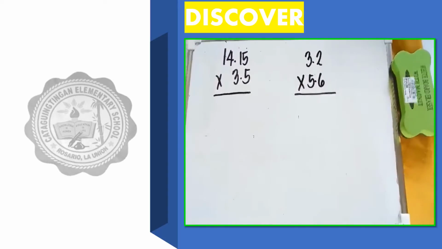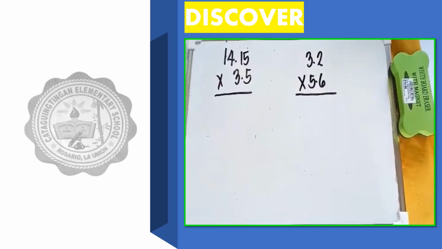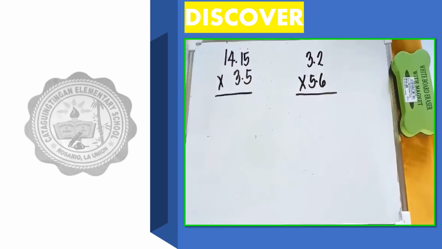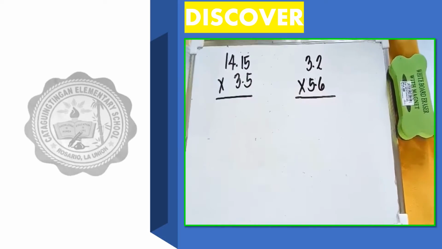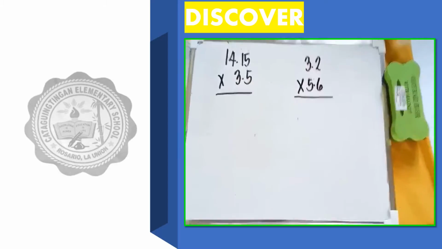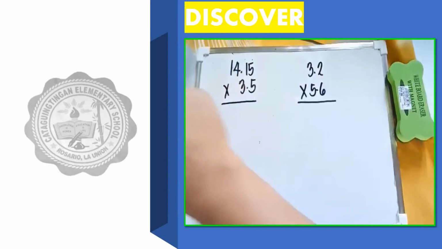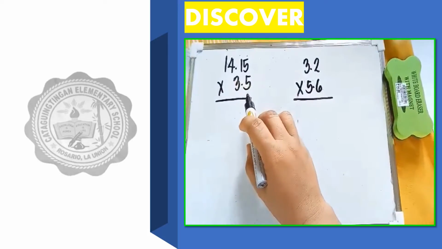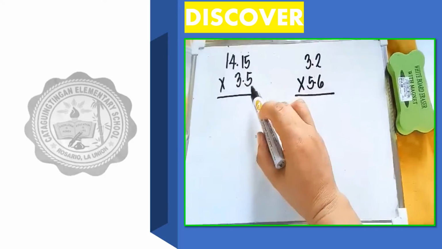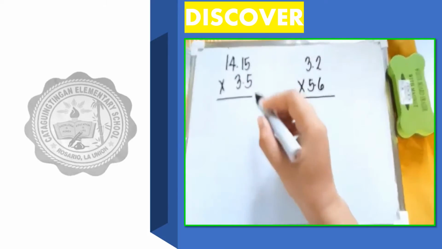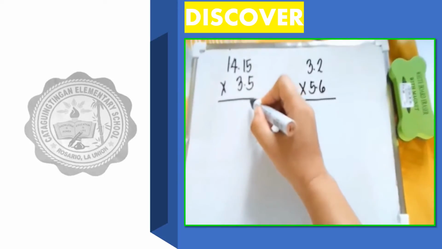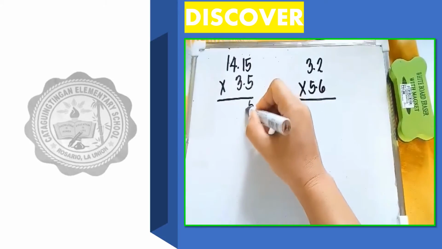Now, let us proceed to solve 14 and 15 hundredths times 3 and 5/10. So, from right to left tayo. So, magsisimula tayo dito, pag ganon. 5 times 5 is 25. So, 5 lalagay natin dyan.